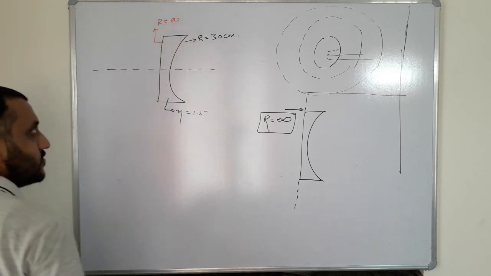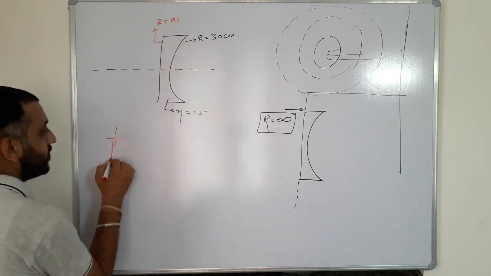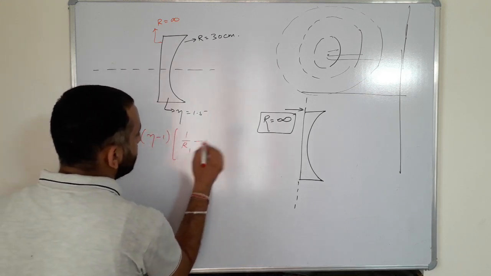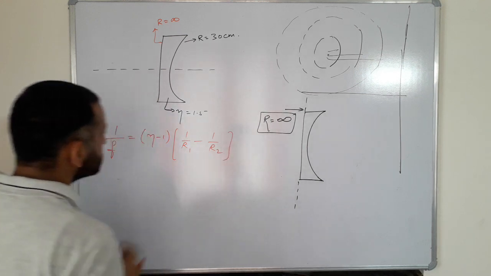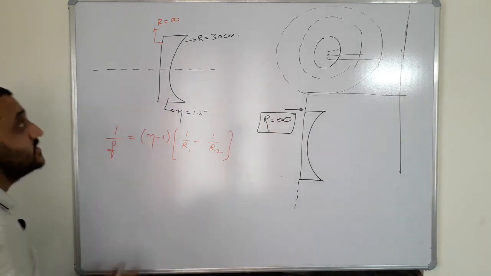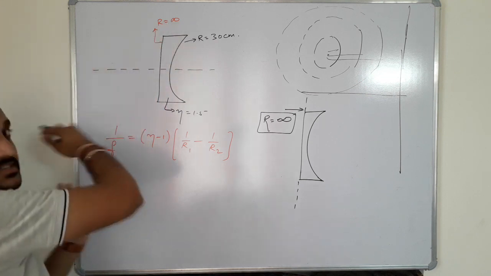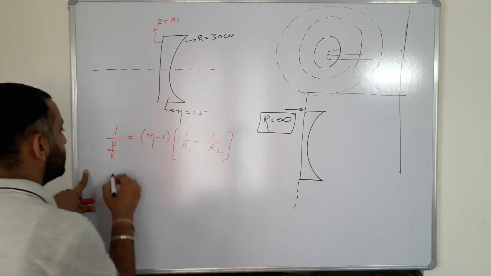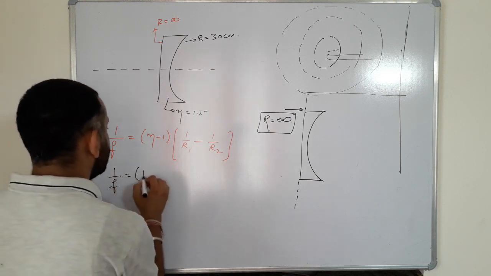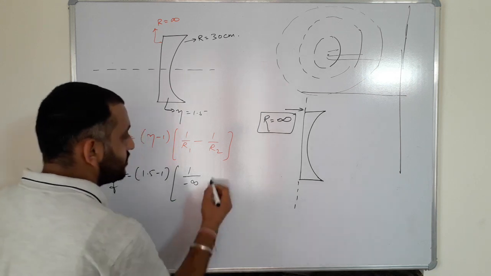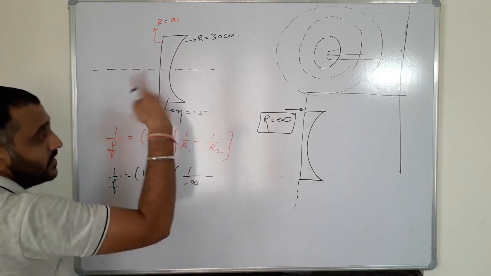We are supposed to find out the focal length. Again I am using the formula 1 by f equals to (μ minus 1) times (1 by R1 minus 1 by R2). What is the value of R1? The value of R1 is minus infinite. So we can write 1 by f equals to (1.5 minus 1) times (1 by minus infinite minus 1 by R2). What is R2?